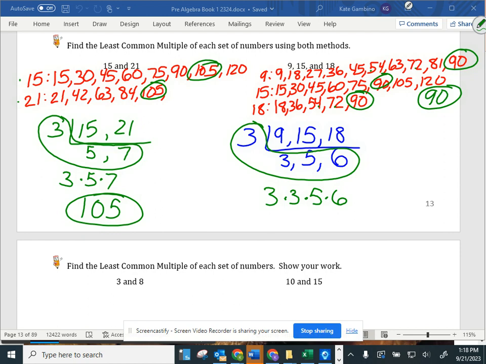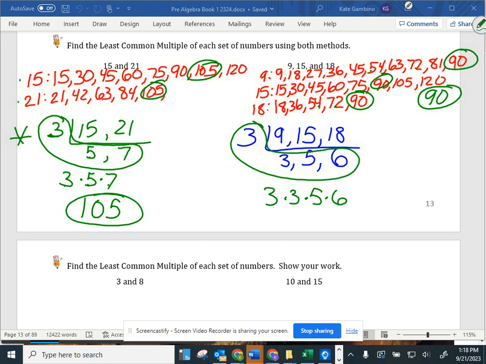Give me a moment to look at this, because over on this one, the table method worked just fine. So we had to do the 3. So here's why. Notice how 3, 5, and 7, none of them repeat.